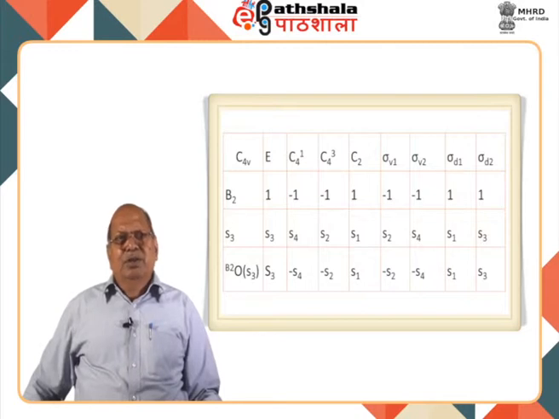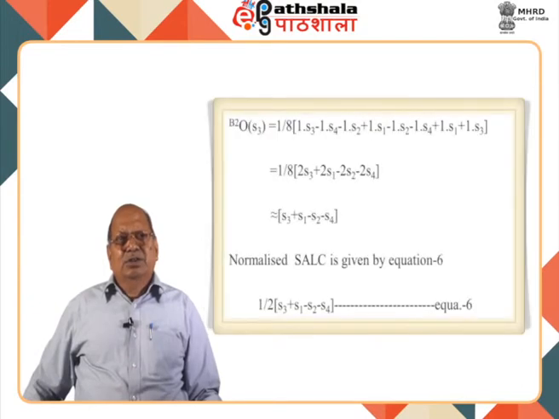And by just simple calculations, we find the result as S3 plus S1 minus S2 minus S4, and normalized SALC is given by equation 6, 1 upon 2 within bracket S3 plus S1 minus S2 minus S4, equation 3.